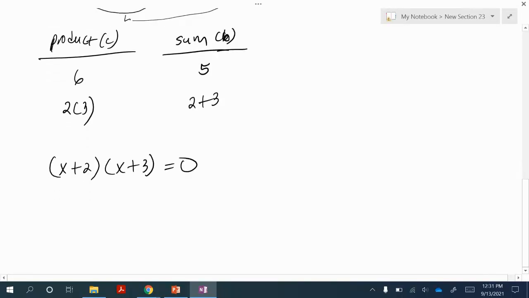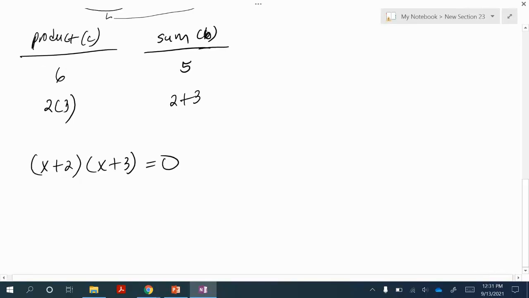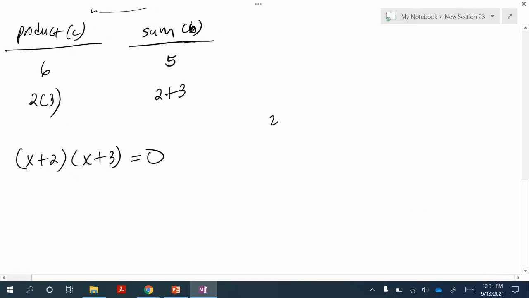Next, we're going to use something called the zero factor property. And the zero factor property says that, and I'll write it here on the side, if you have two factors whose product is 0, if A times B equals 0, then you can set each factor equal to 0.